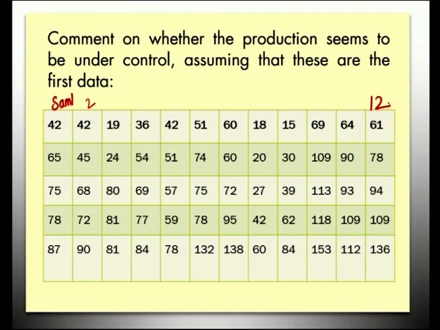We have to calculate x bar and r bar, and compute UCL of x bar, LCL of x bar, CL of x bar, and UCL for r, LCL for r, and CL for r. All the 6 values have to be calculated using the appropriate formula, plotted on the graph, and afterwards we have to comment using the graph drawn.